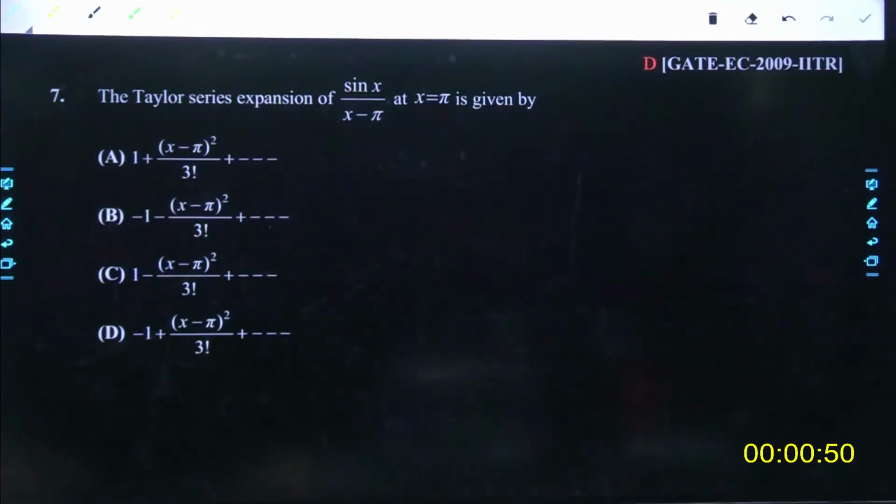Tell me what would be the best most answer for this given question.